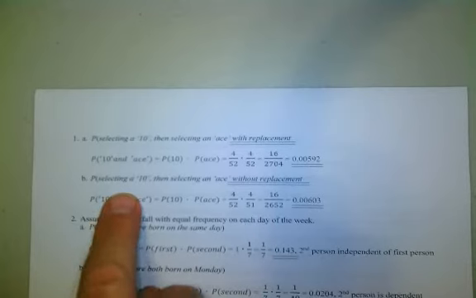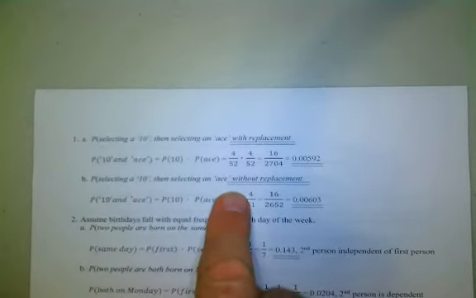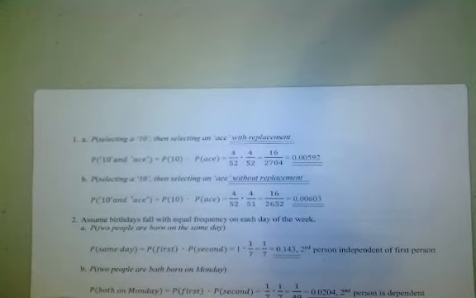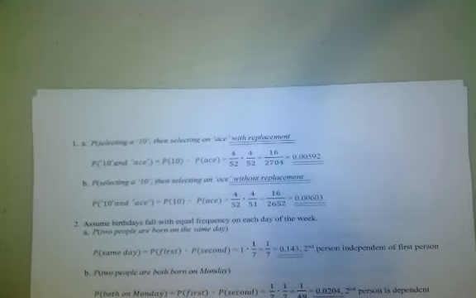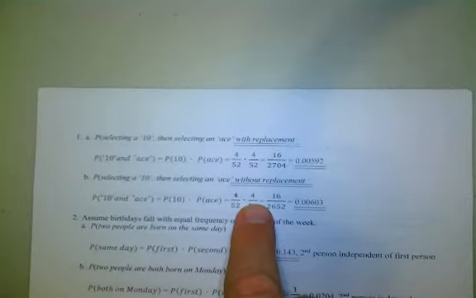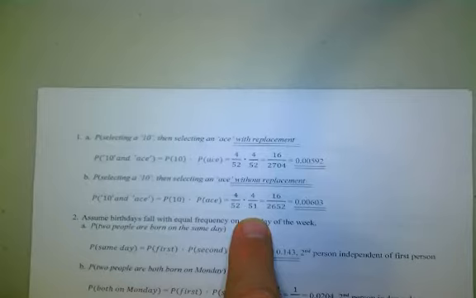On the other hand, what is the probability of selecting a 10, then selecting an ace, but we don't put the 10 back into the deck when we want to select the ace? So here, this is without replacement, and notice the top part's still the same. There's still 4 10s, there's still 4 aces, but where for the first selection we had 52 cards, for the second selection we only have 51 cards, because we didn't put the 10 back in.